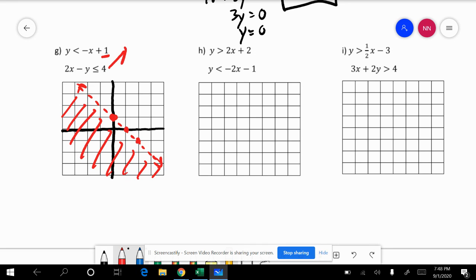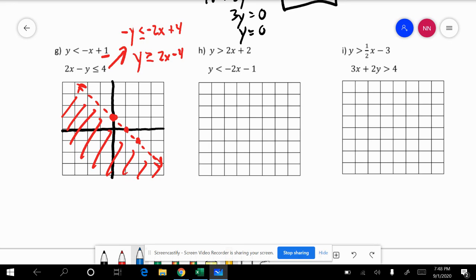Now for this next one right here, first thing I'm going to do is I'm going to subtract the 2x. Now after I subtract the 2x, I'm going to divide it by -1. And whenever I divide by a negative, I flip the inequality.